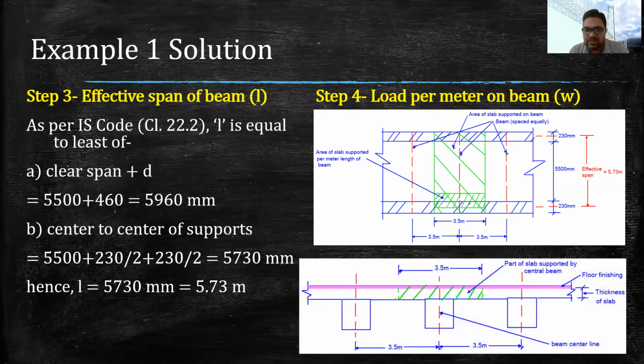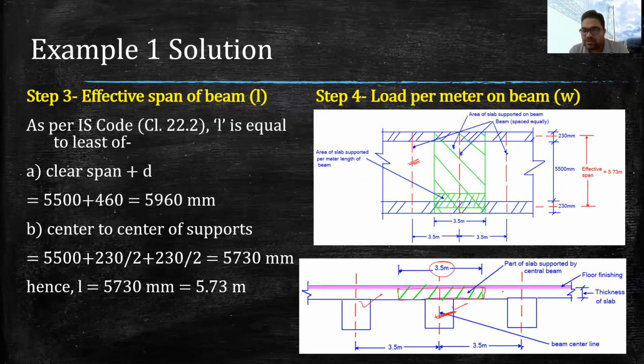So in the second diagram, you can see here, this beam is this one, and this is the beam that we are considering to design. This will be the slab, this will be the slab, and 3.5 meter is the width of slab which is supported by this beam.